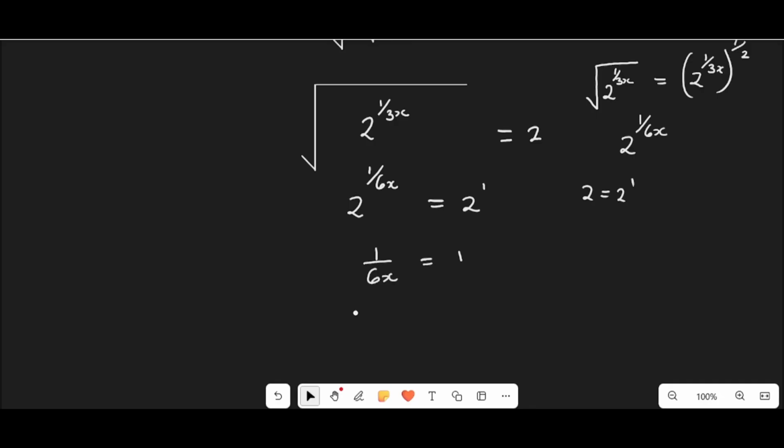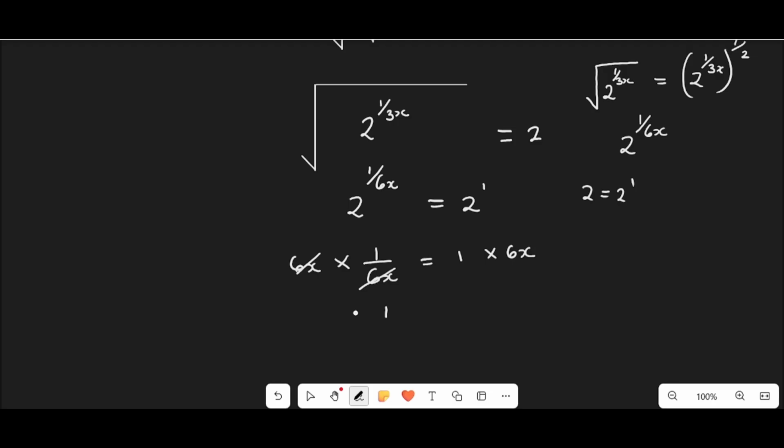So let us solve for x. Let us multiply both sides by 6x. This cancels this.